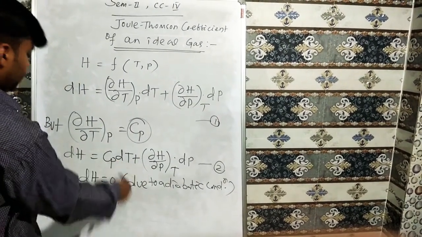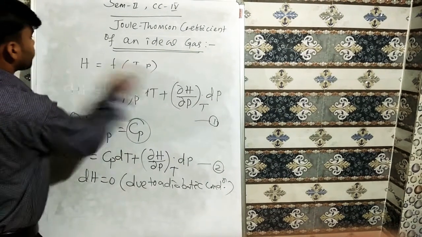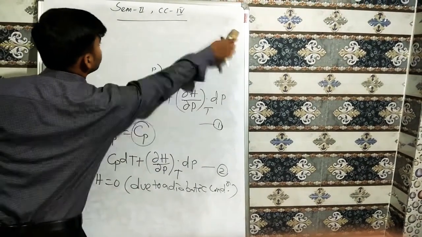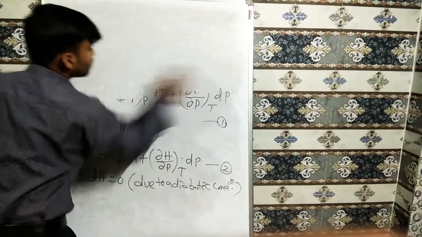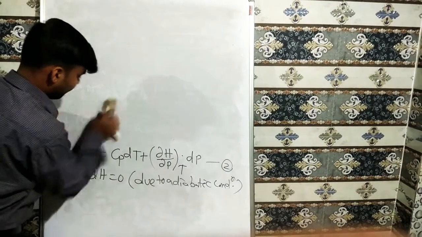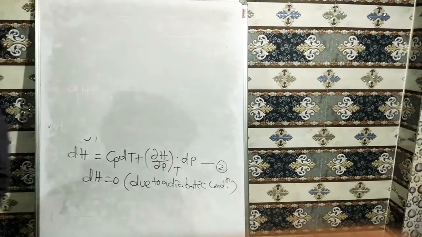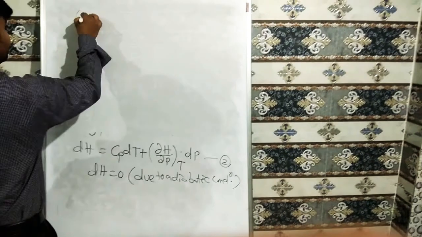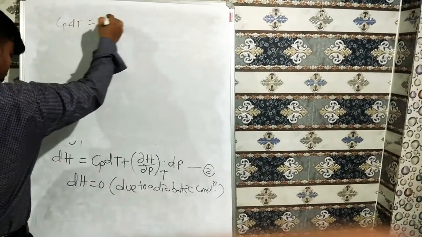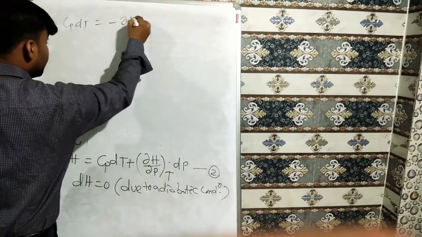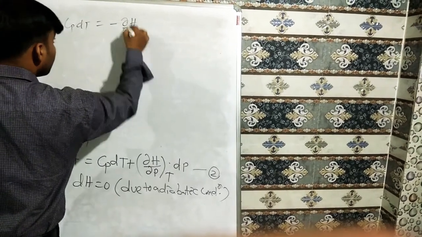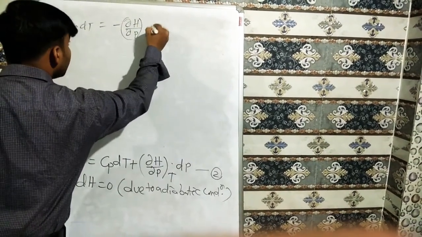So equation 2 becomes Cp dT is equal to minus del H by del P at constant T times dP.